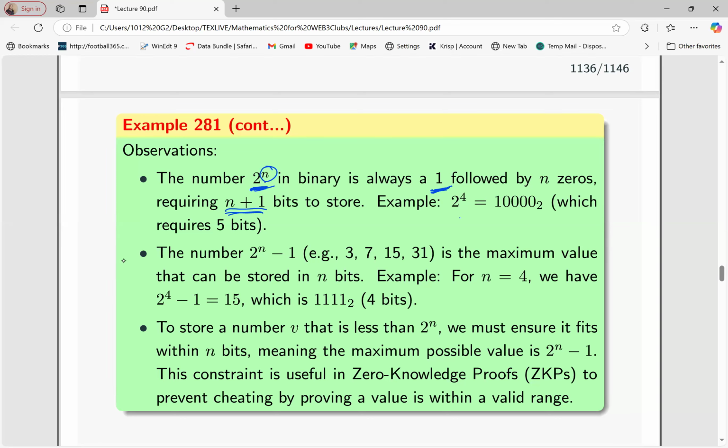For instance, 2 raised to 4, you begin with 1, then 4 zeros. But now, how many bits are these? 4 plus 1, so that gives you 5 bits.